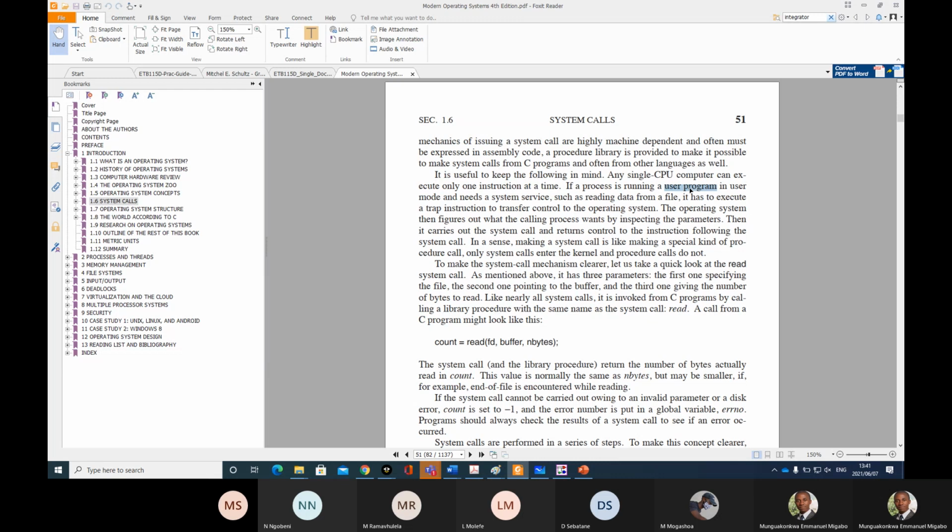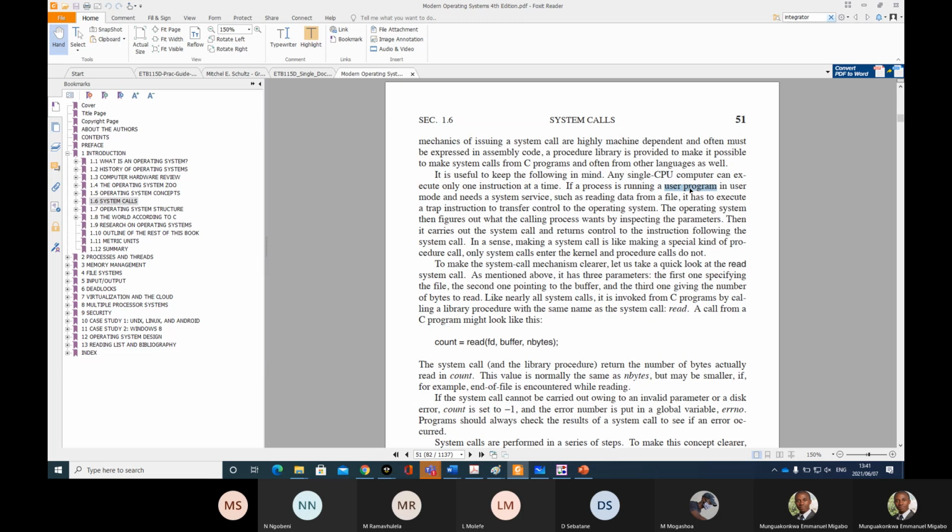Programs should always check the result of a system call to see if an error occurred. So if you are writing your application in Java, for example, at the user interface program level, if there's an error, you must always cater for handling it.